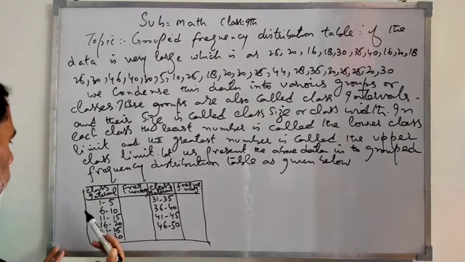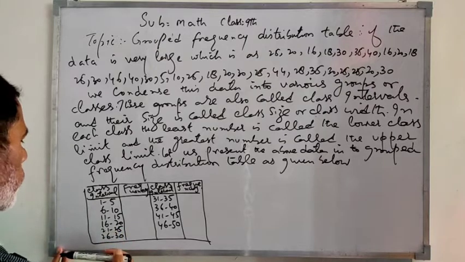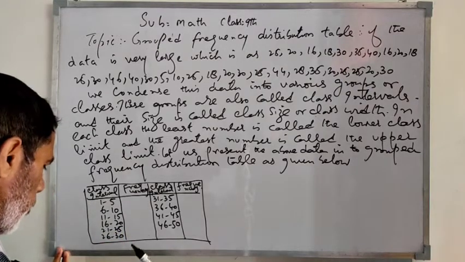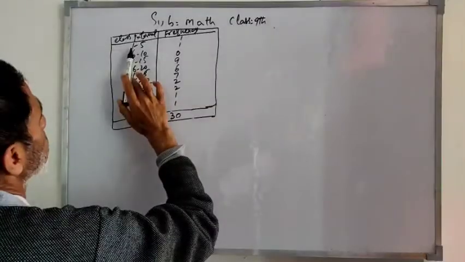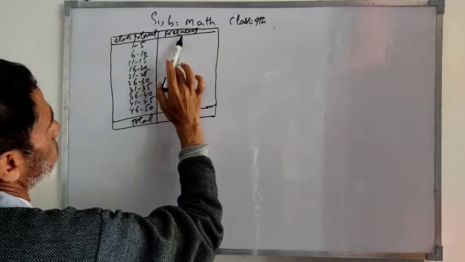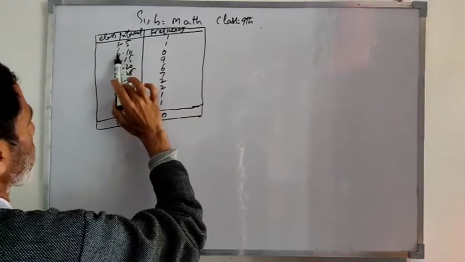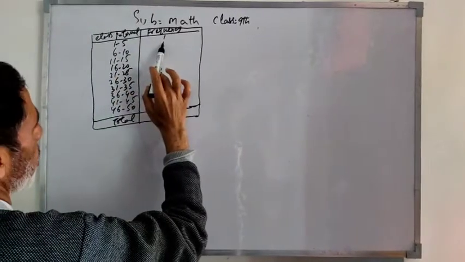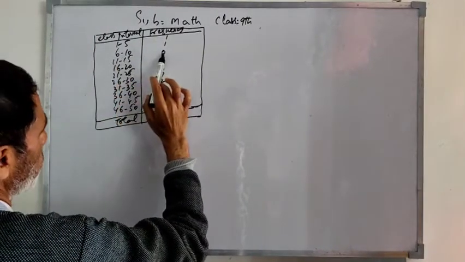In the first class, from 1 to 5, the number of students is 1. In the second class, 6 to 10, the number of students is 1. In class 11 to 15, 0.